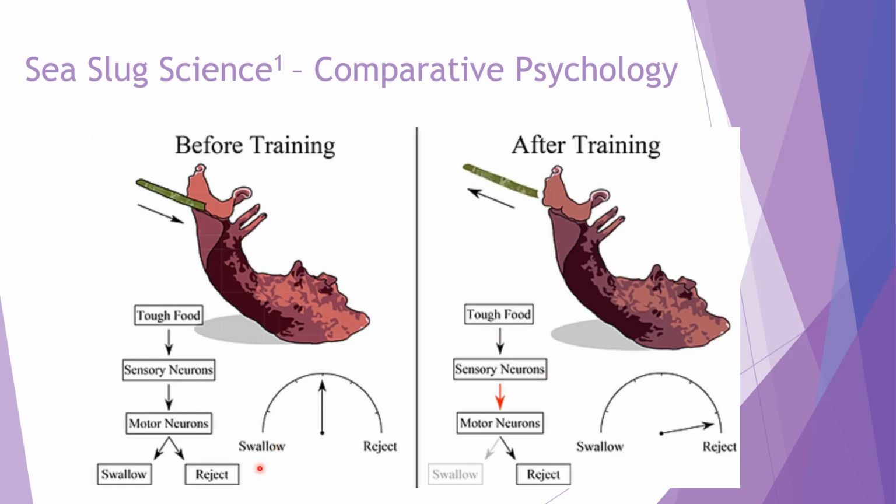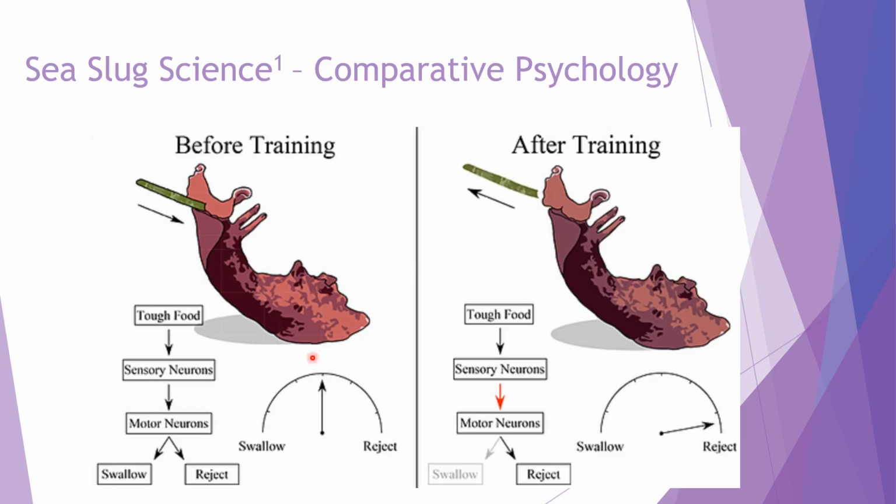So over time, it'll go, I can't eat this, I'll spit it out. But eventually, it'll just be able to tell, I'm not interested in this plastic because it's so hard to eat, and it won't even try to eat it. Now, that seems like a very simple bit of learning, and in people it might be very complicated, but in the sea slug it's really not.